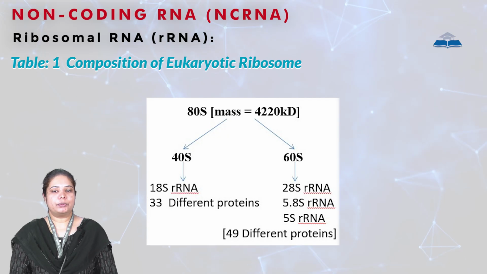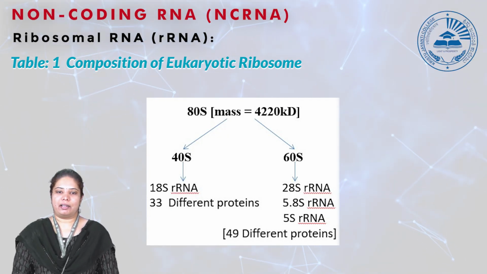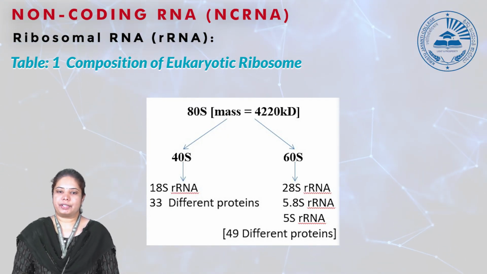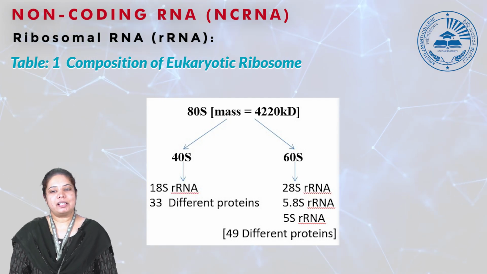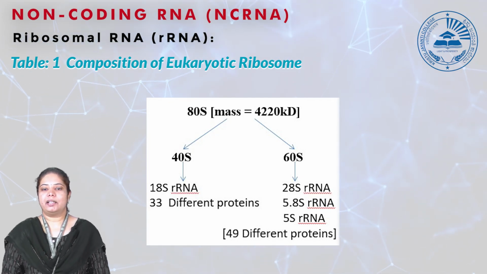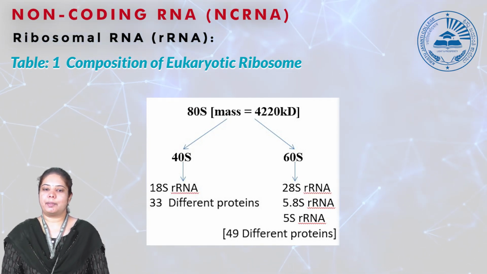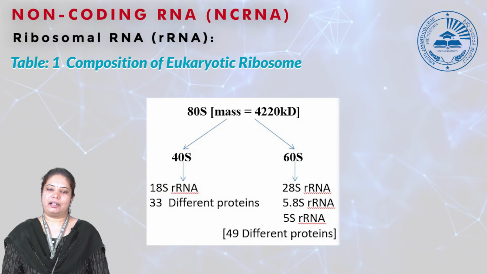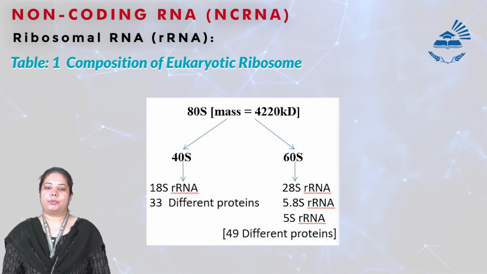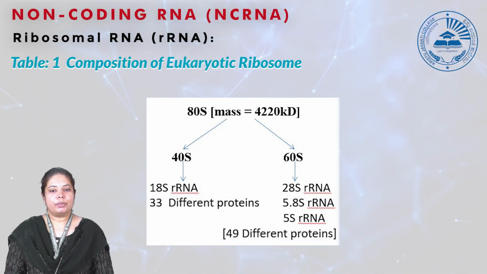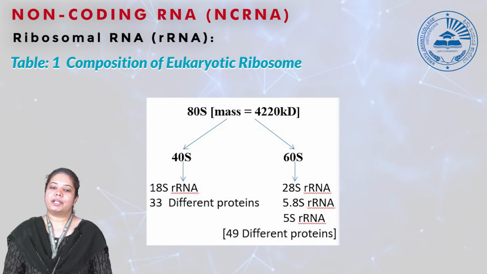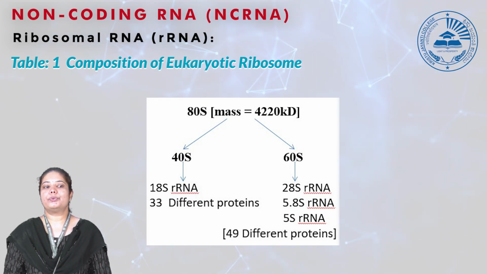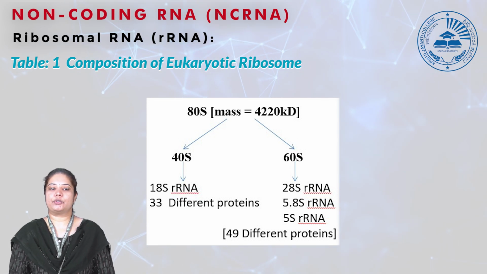The 40S contains 18S rRNA and 33 different types of proteins, whereas the 60S has 28S rRNA, 5.8S rRNA and 5S rRNA, plus 49 different proteins. All these 33 and 49 different proteins are used for expressing the mRNA into protein.